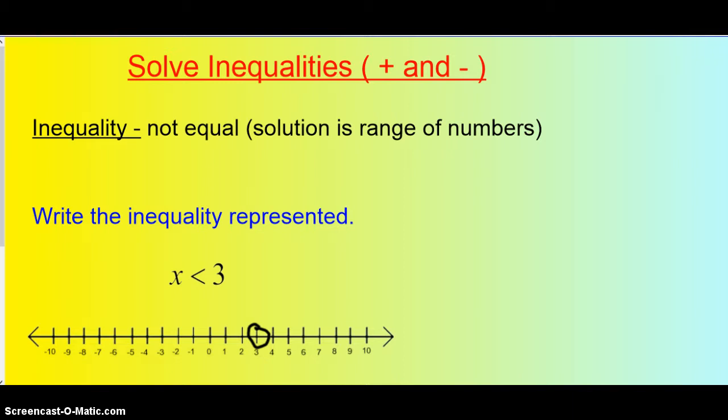So anything less than 3 is going to be part of my solution set. So I would draw a line indicating that this inequality x is less than 3. Notice I circled it with an open circle for the 3. That's because it is not equal to 3, but it is equal to anything less than 3, or any data that's less than 3 is part of that solution set.